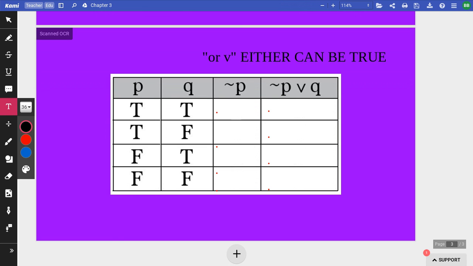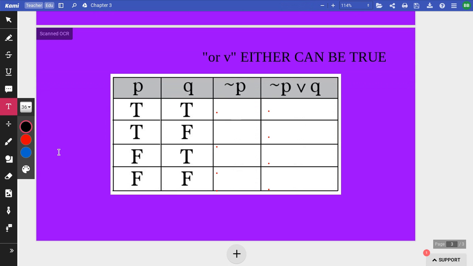So here we have or. Or can be either true for P or true for Q. So either of these can be true and can result in a true statement. Where with and, both have to be true to result in a true statement. So that's the difference here.